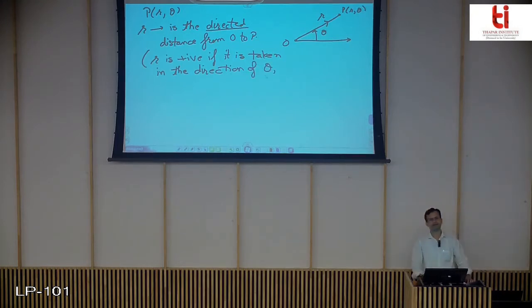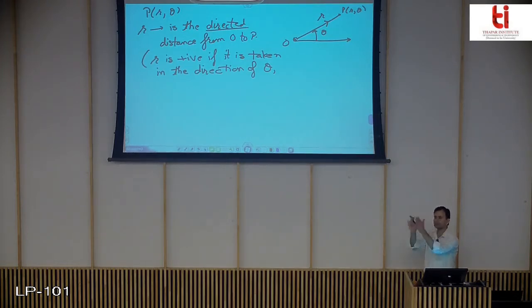What is that? Say you are at the origin, looking in the direction of θ. Say θ is 30 degrees. This is your 0 degree, you are standing at the origin, and this is your 30 degree. You are looking at the angle of 30 degrees, still at the origin. So if you move in the direction of 30 degrees, then r is taken to be positive.